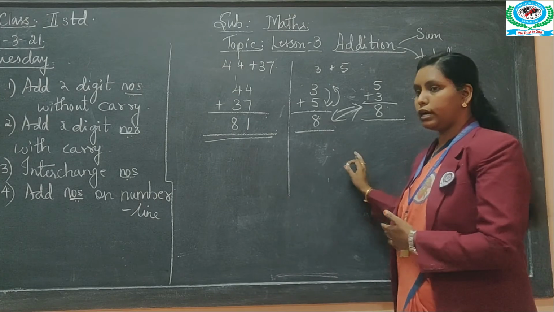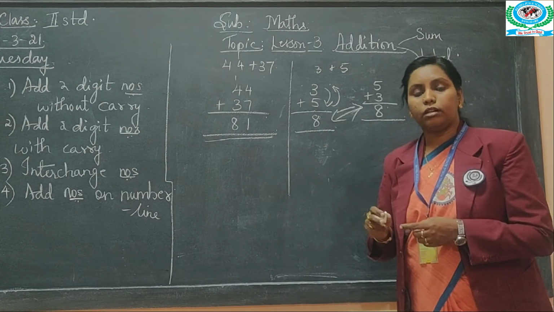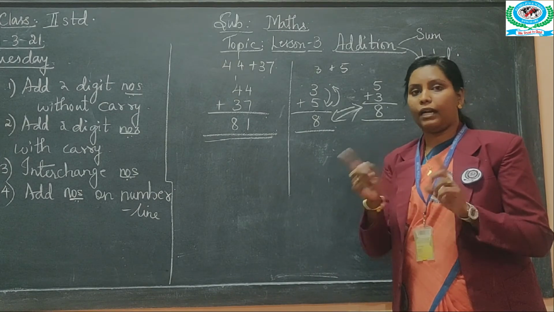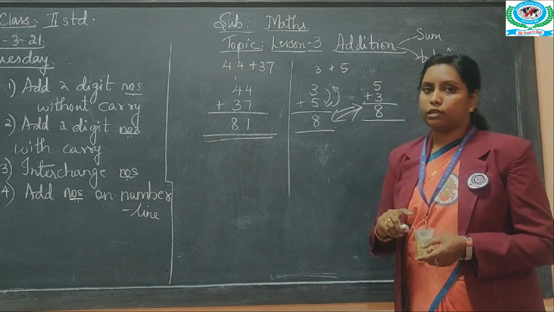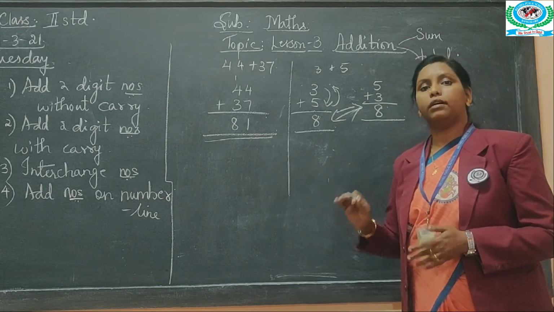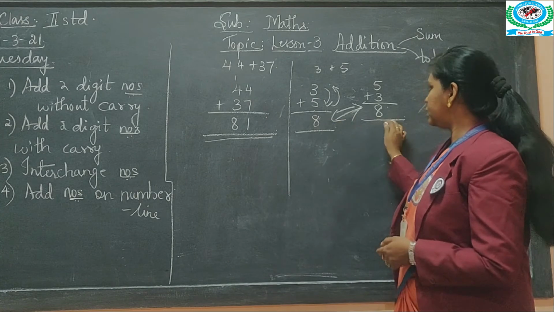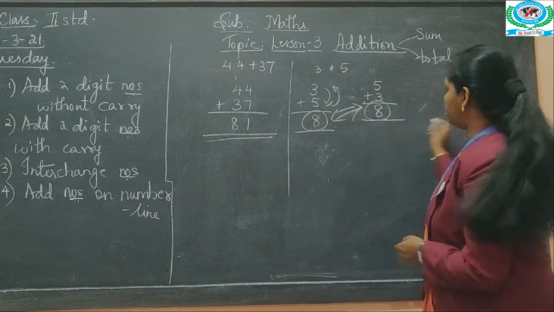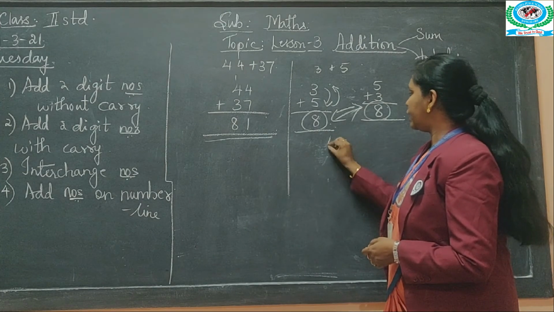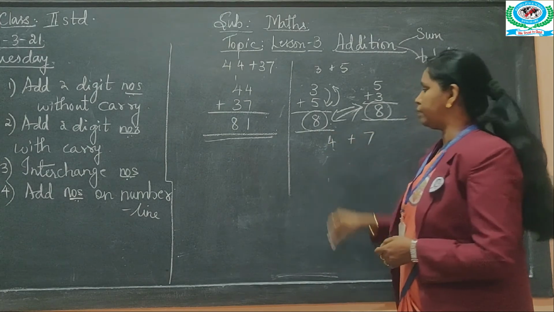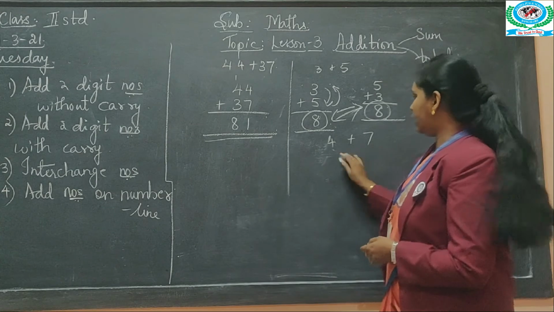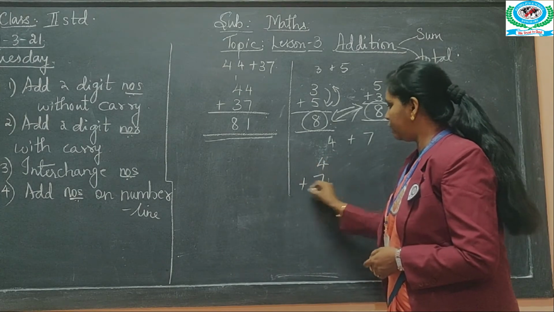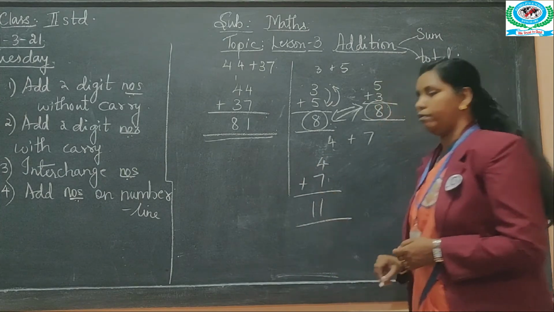This shows that when we interchange the numbers, the addends, the sum will remain the same. The total is the same for both of these. Suppose I give you the numbers 4 and 7. Here 4 plus 7 gives you 11.